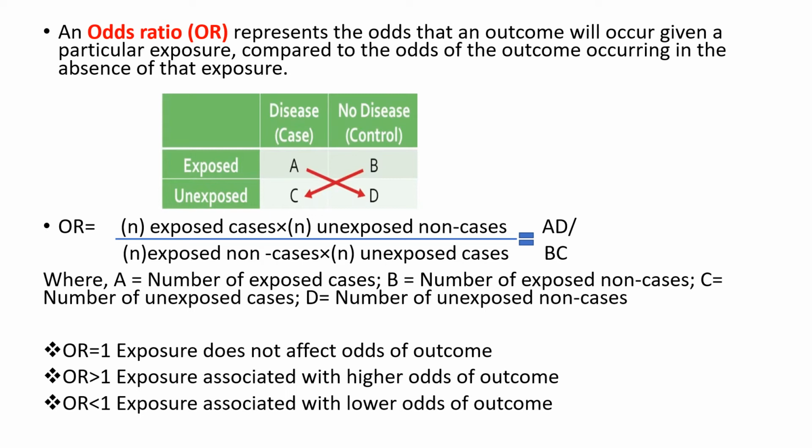So if you look at this 2x2 table, on one side we have the exposed and unexposed, and on the other side we have the disease and no disease, that is the cases and the controls.